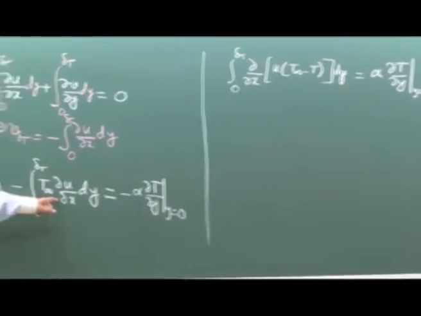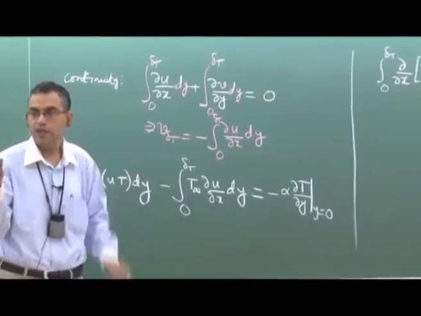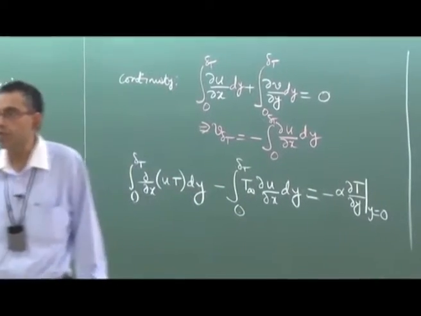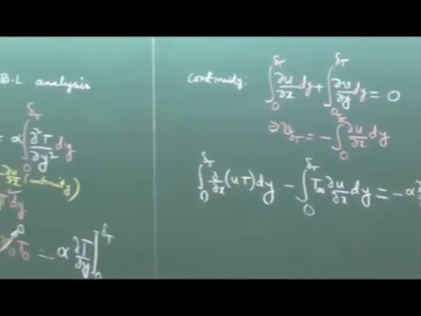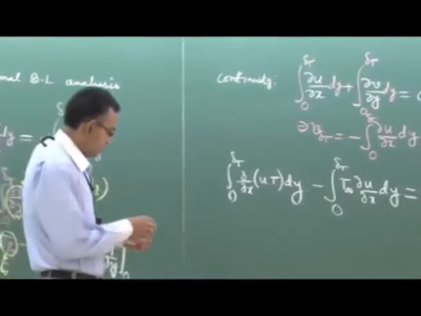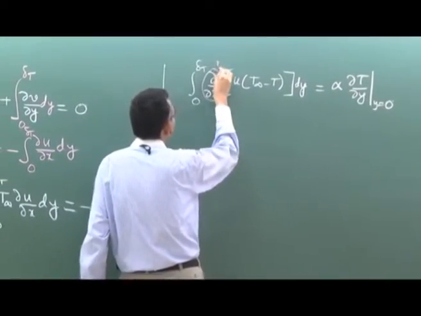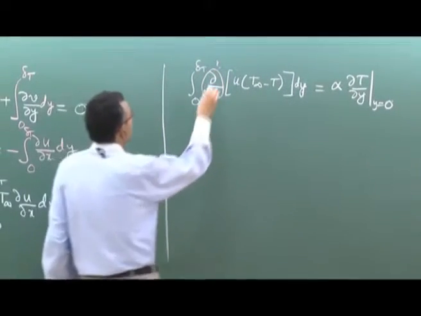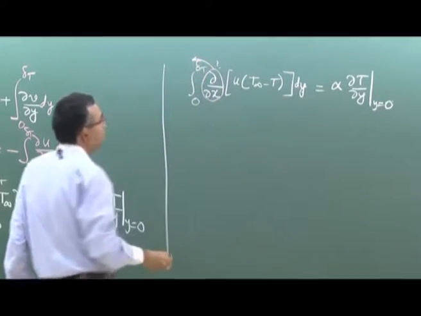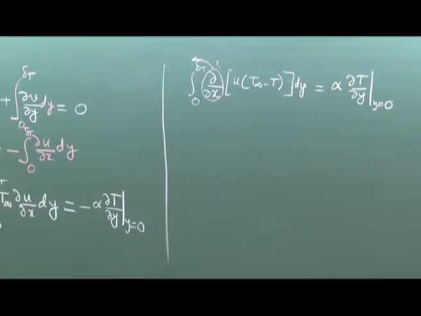Because T infinity is a constant, we can take it within and outside the derivative without any problem. Next, our issue will be whether we can bring this derivative out of the integral or not, and for that we will use the Leibniz rule to check.